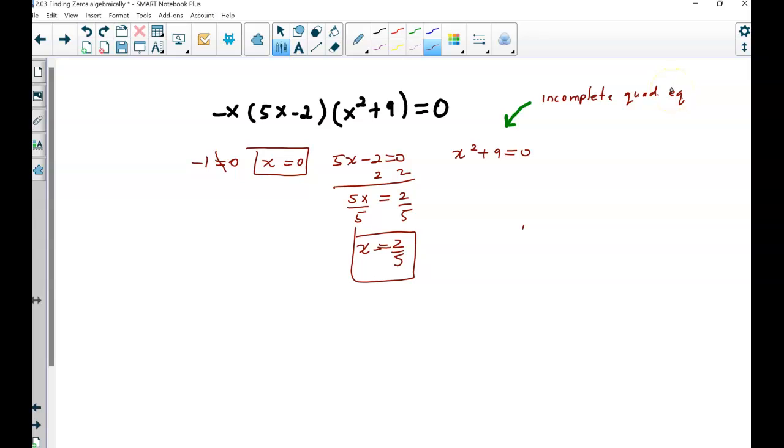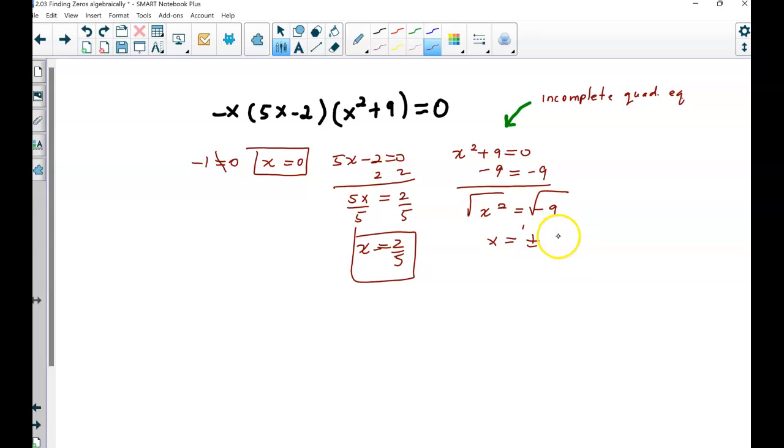This particular problem is slightly different than the ones we had done in class because you're going to end up with a non-real answer, in other words, an imaginary answer, and you're supposed to add an i. So how do you solve an incomplete quadratic equation? You first isolate the x squared term, and then you take the square root of both sides.